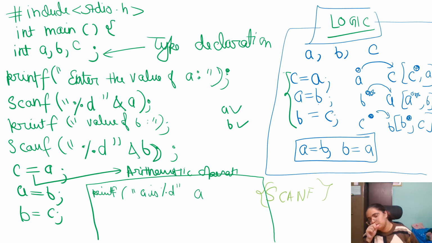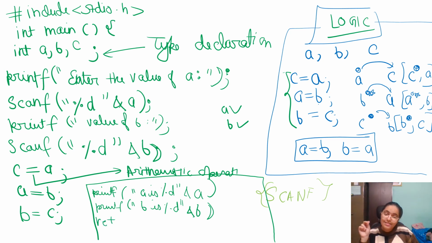And then I'll do printf again, and then I'll write b is %d, and I'll write b. I'm so sorry, and a and b. And then I'll do my return 0.